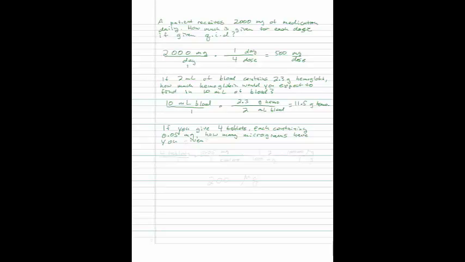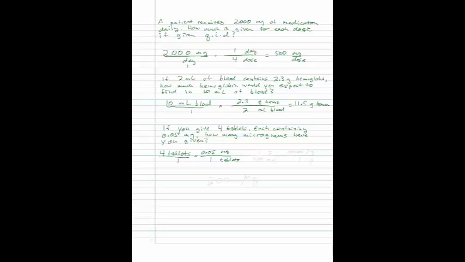Well, we have to turn tablets into milligrams, into grams, into micrograms. So we're going to start with 4 tablets. Converting tablets into milligrams, we want tablets to cancel. Tablets on the bottom, milligrams on the top. 1 tablet is 0.05 milligrams.